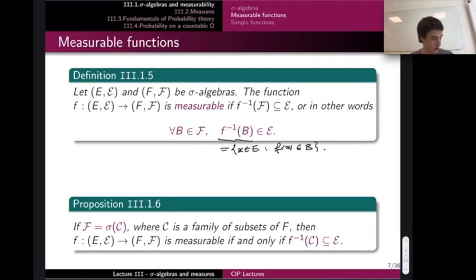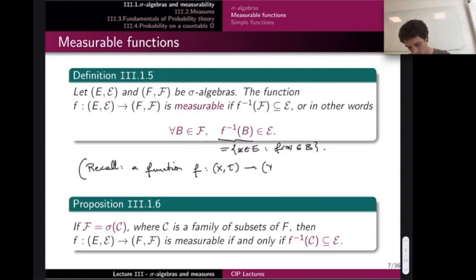If you remember well, we said that a function, so recall, f from, say, I will not call this E and F, I will call this X with some topology tau, to some other space Y with topology tau prime, is continuous on X if and only if, for any u in tau prime, so for any open set in Y, f minus 1 of u is in tau.